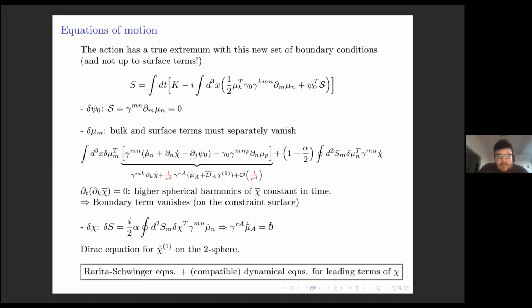And using the equation that we obtained for chi, we can see that chi 1, that is the subleading term of chi, obeys the Dirac equation on the two-sphere. So in summary, we obtain the Rarita-Schwinger equations plus compatible dynamical equations for the leading terms of chi.